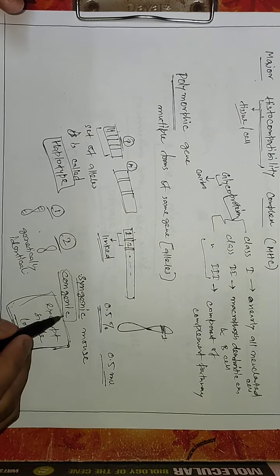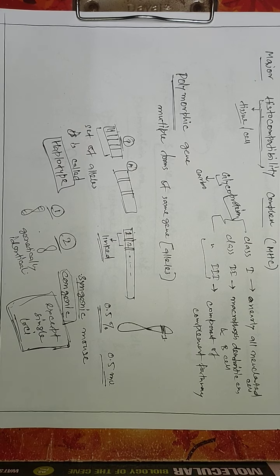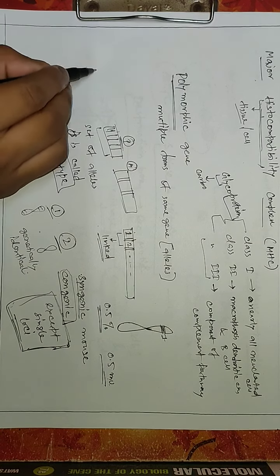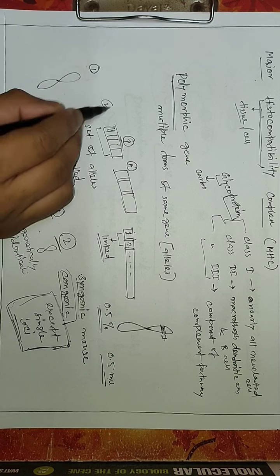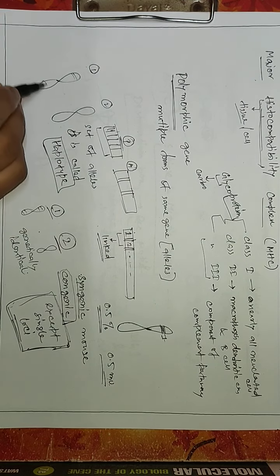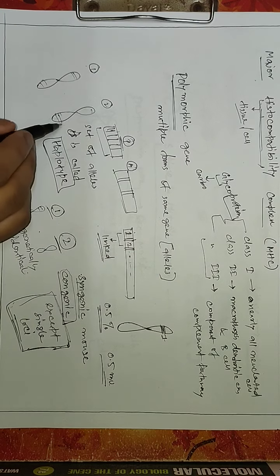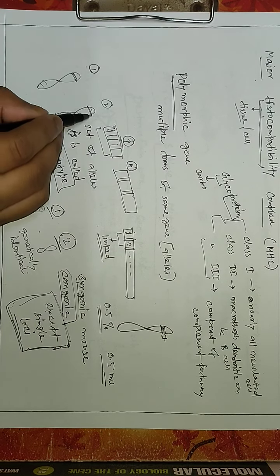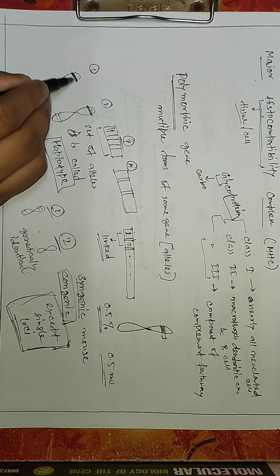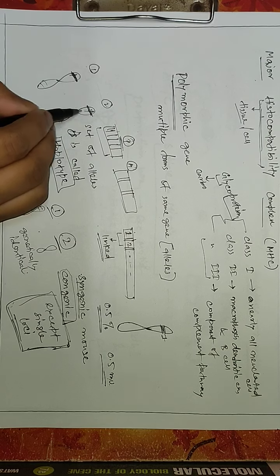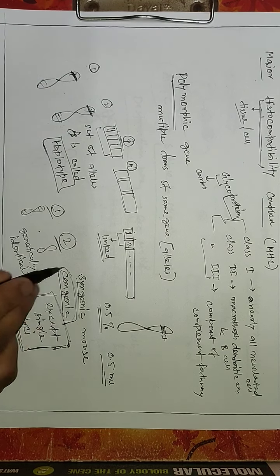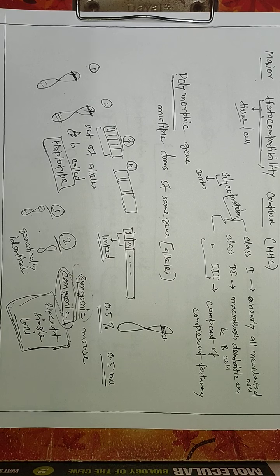Suppose this is the chromosome of strain 1 and this is strain 2; they have thousands of loci, all identical, except for just a single locus where they are different. This is called congenic. Syngenic are totally identical.